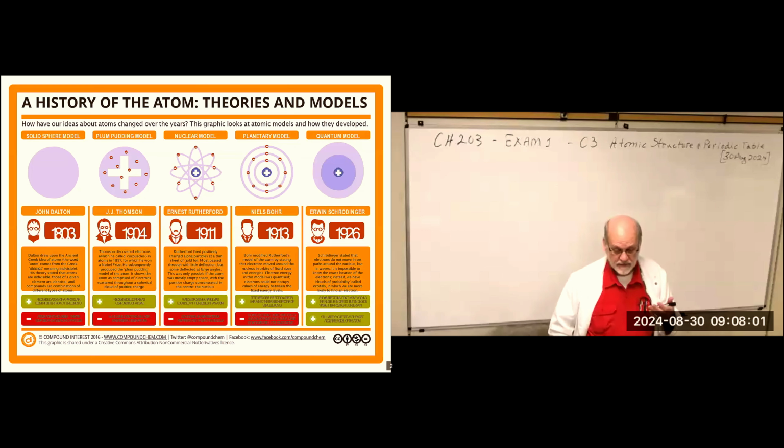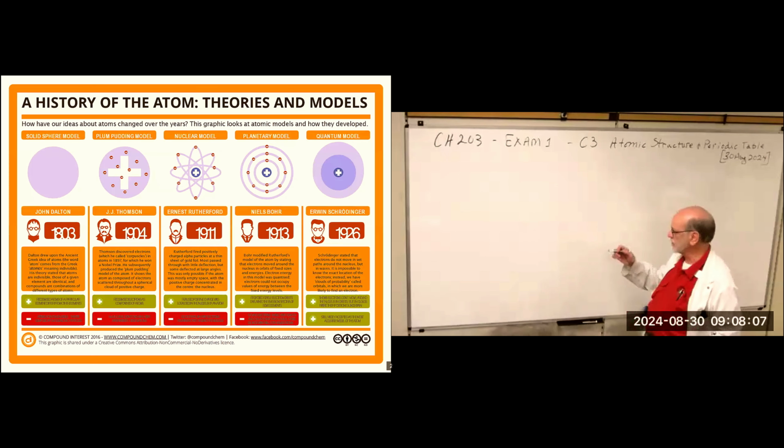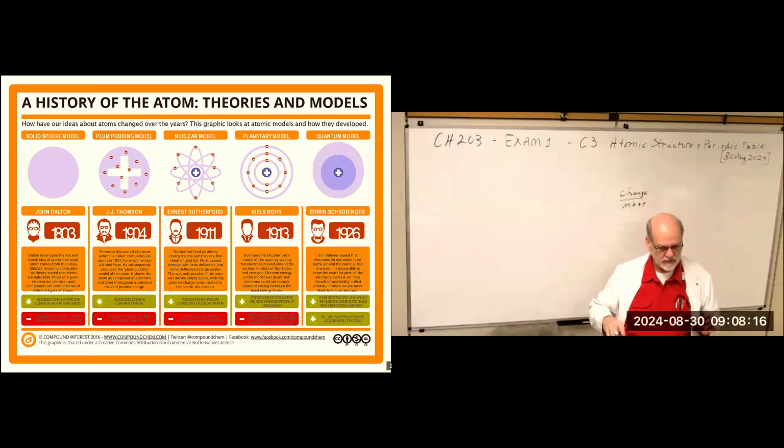And they knew that, well, let me back up. J.J. Thomson also determined in his experiments the charge to mass ratio of the electron. He couldn't define what the mass of the electron was, but they were pretty sure it was really small.